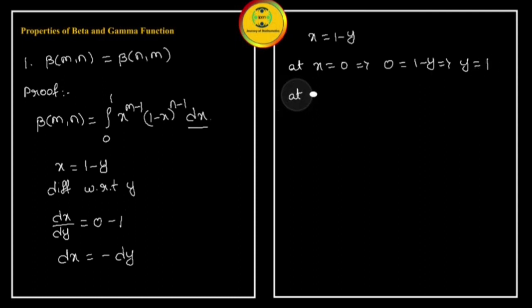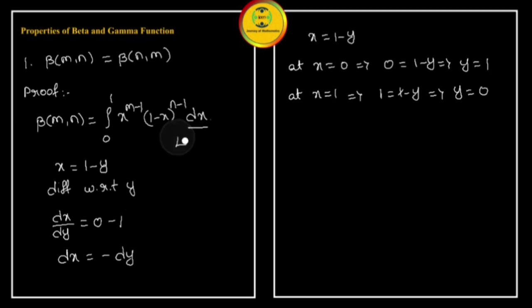Now at x is equal to 1 implies 1 is equal to 1 minus y, so the 1 gets cancelled. So minus y is equal to 0, that means y must be equal to 0. So now as x ranges from 0 to 1, the y value ranges from 1 to 0.